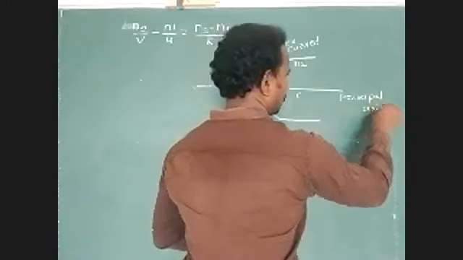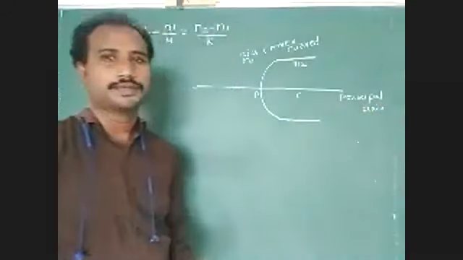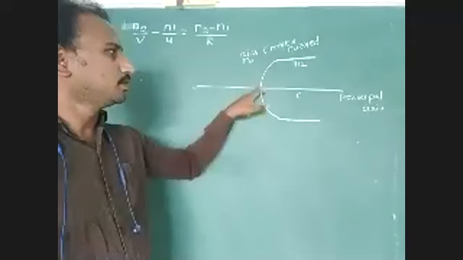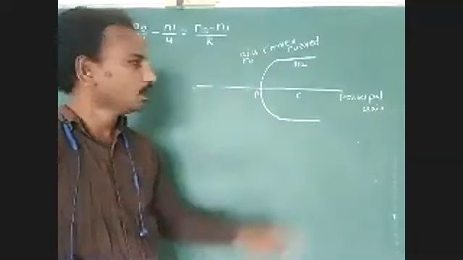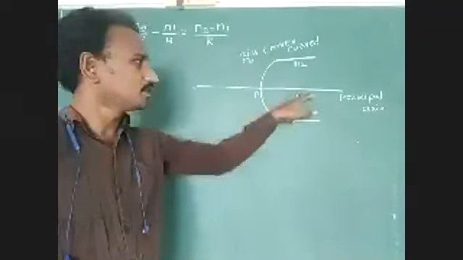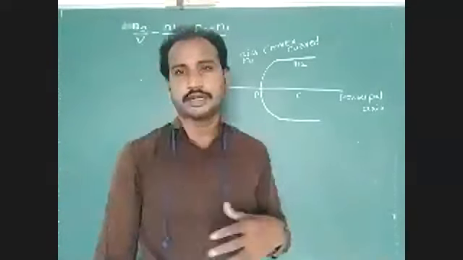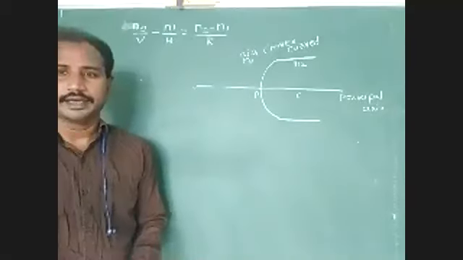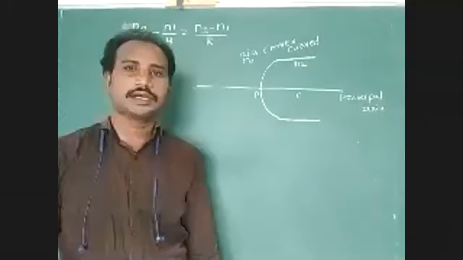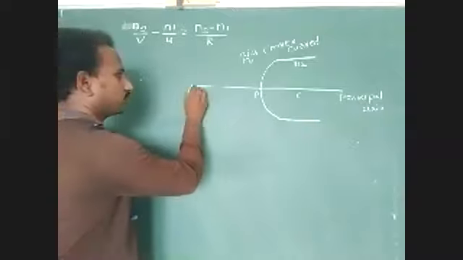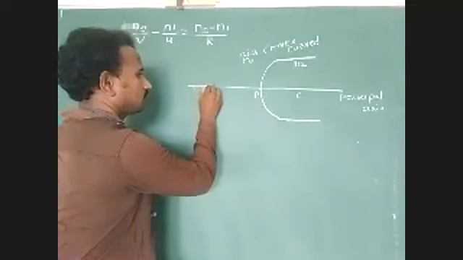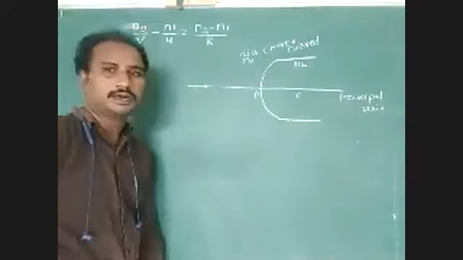Do we have any doubt? The midpoint of this curved surface is called the pole, and the center of this curved surface is called the center of curvature. Pole and center of curvature we can consider on the principal axis. Now we have to consider the position of an object on the principal axis.